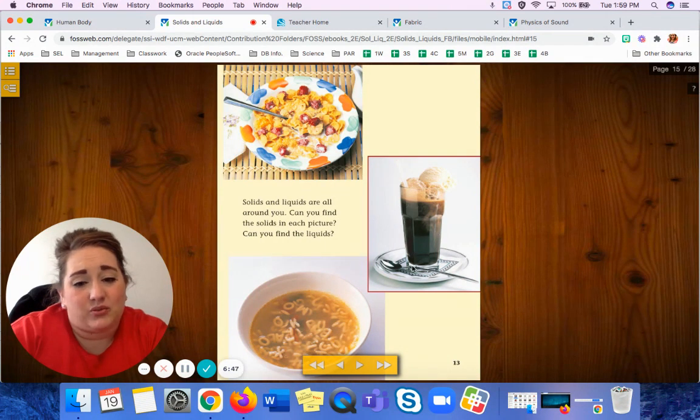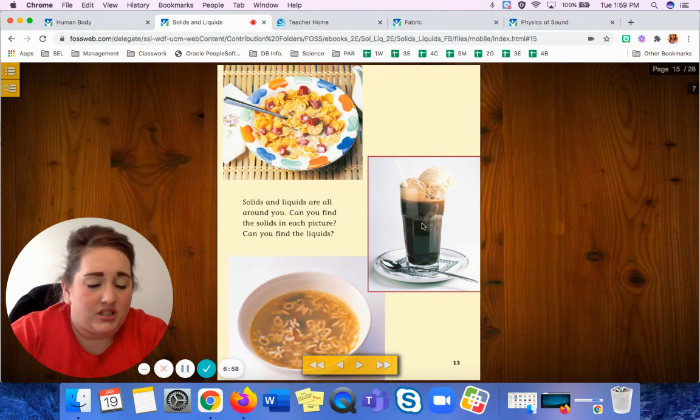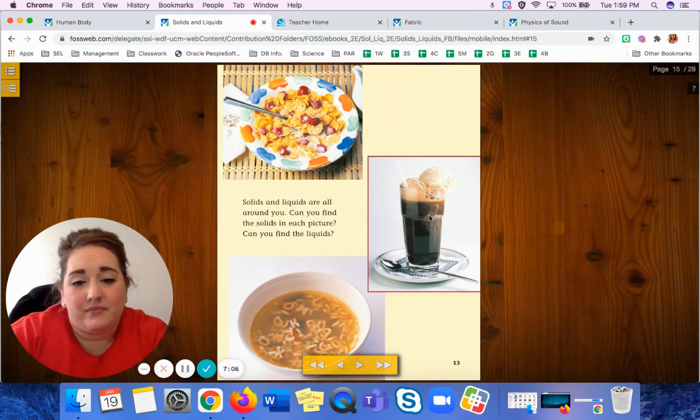And this one is really helpful to show you that liquid holds the shape of the container. You can tell it stops right at the edge of the glass because the glass is what's keeping it in.